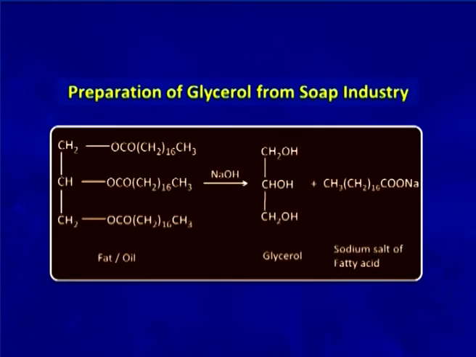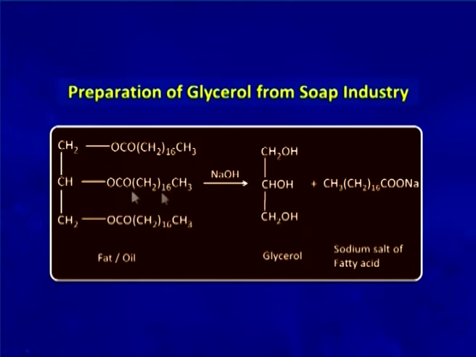from the soap industry. First of all, see, this is the general structure for a fat or an oil, where you can see these molecules are long chain fatty acids. Actually, the fats and oils are the glycerol esters of long chain fatty acids.